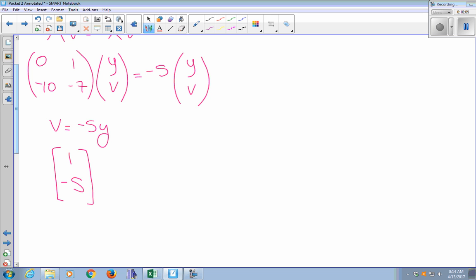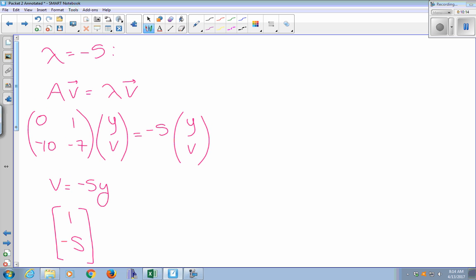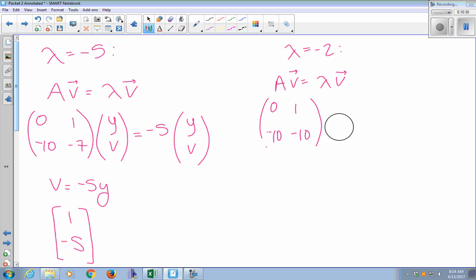All right, and then we'll do the same thing for lambda equals negative 2. So this says v equals negative 2y.